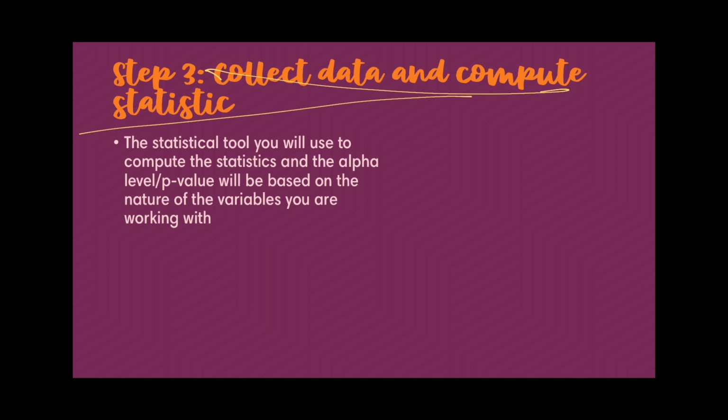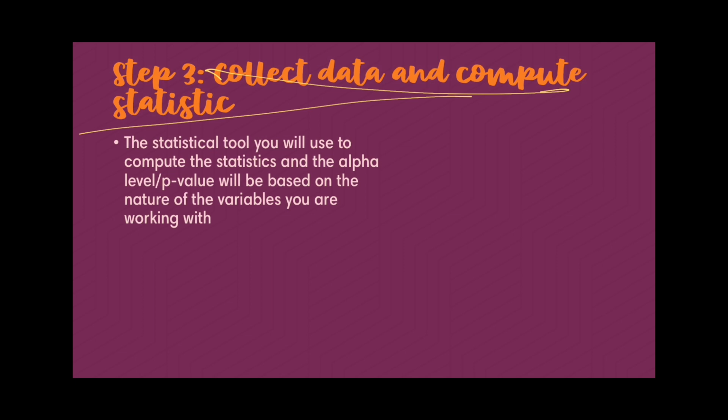For example, if my variable A is dichotomous, like sex assigned at birth, and my outcome variable or dependent variable is a continuous variable, like depression scores, what type of test will I be using?